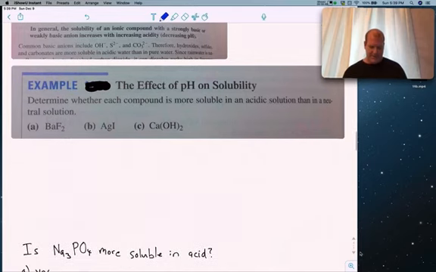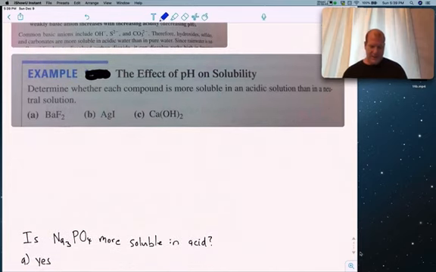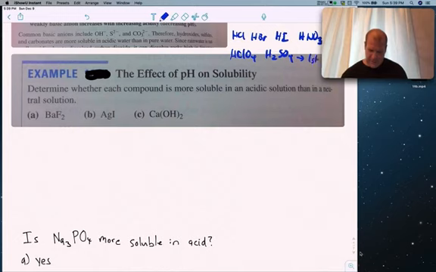Okay, so what does that mean? This is Le Chatelier's principle. Remember when I told you I want you to memorize the strong acids? Strong acids: HCl, HBr, HI, HNO3, HClO4, H2SO4, but this is the first hydrogen only.